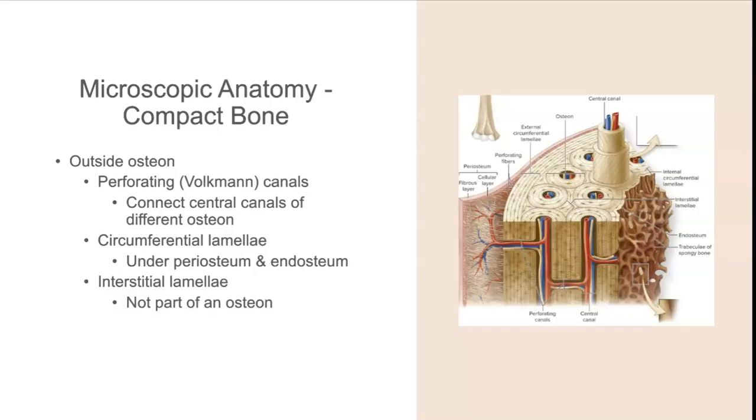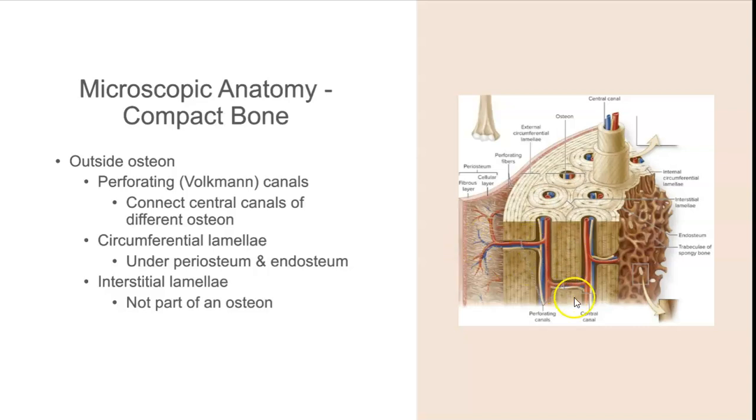Still looking at the microscopic anatomy of compact bone, there are other structures that are not part of the osteon, such as the perforating Volkmann's canals. So they contain blood vessels and nerves like the central canals, but they run perpendicular to the central canals. Okay, so your central canals are here. Those are the blood vessels and nerves in your central canal.